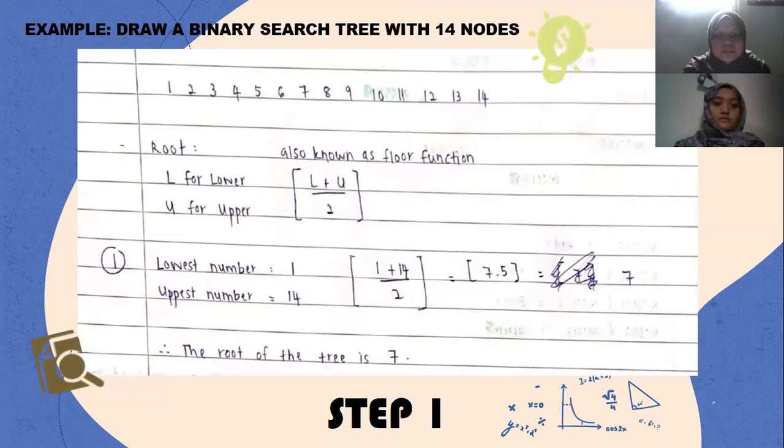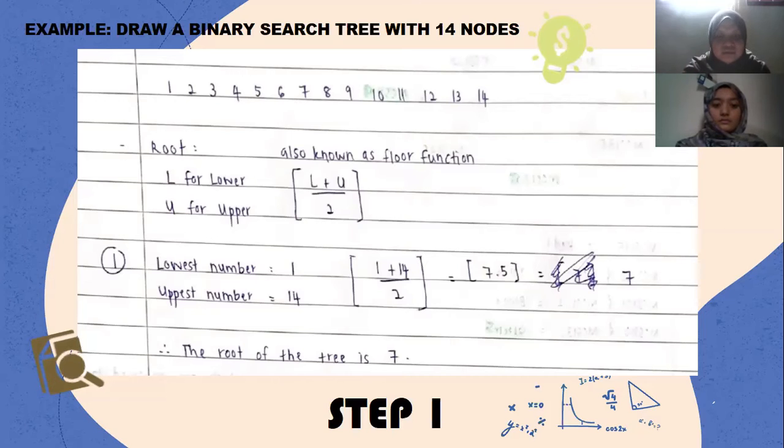So for the first step, the lower number L basically means the lowest number in the question. So in the question, the lowest number is 1, so we will take 1 as the lower number. For the upper number, which is the highest number in the question, we will take 14.